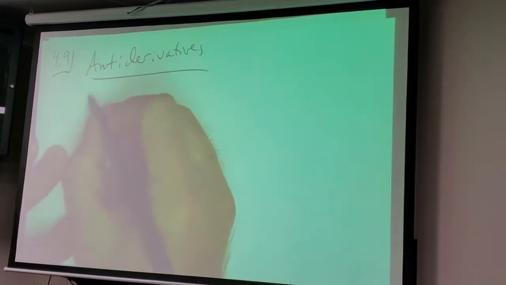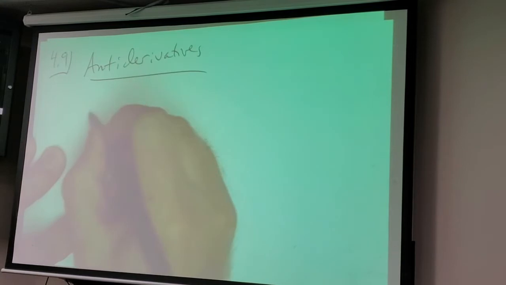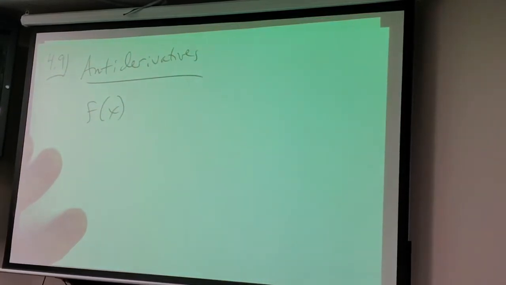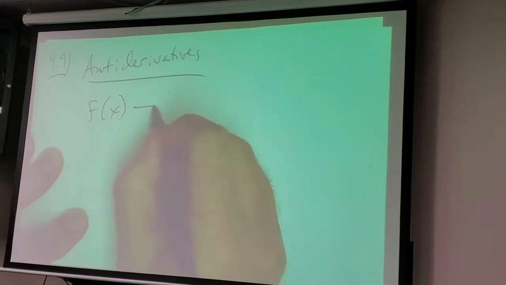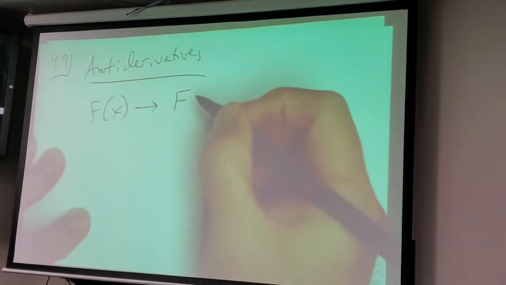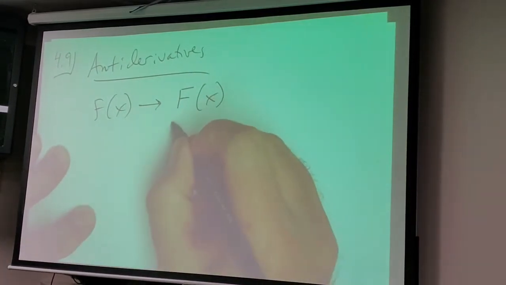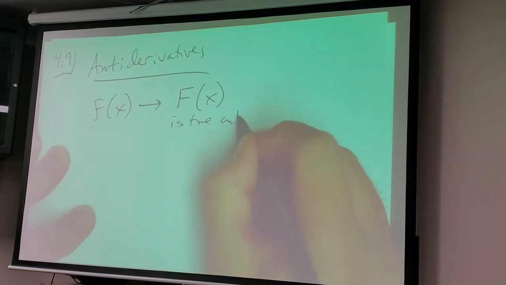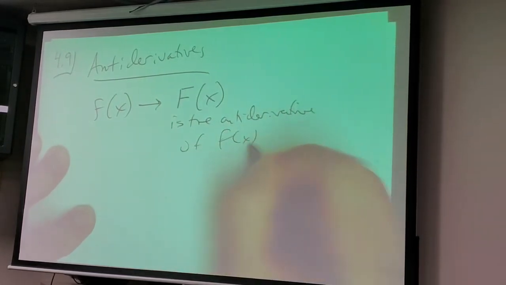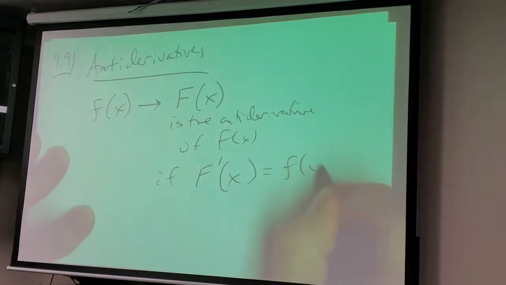So here's what an antiderivative is. If I have a function f of x, the antiderivative would be a function, we very often give it a capital F. This would be the antiderivative of f of x if F prime of x is f of x.